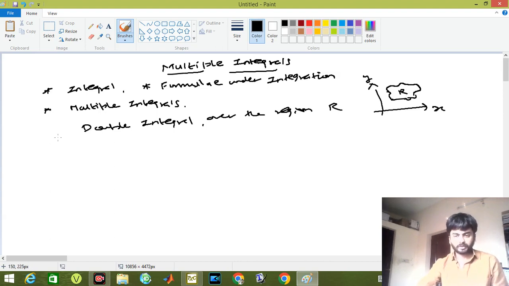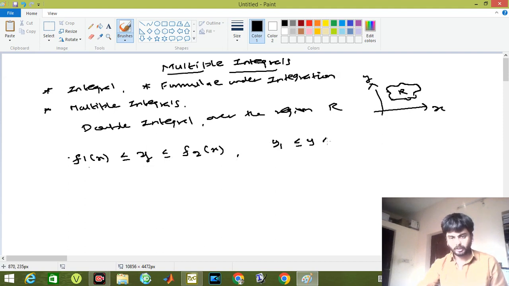Suppose the region is described as f1 of x less than or equal to y less than or equal to f2 of x. So y equal to f of x lies between f1 of x and f2 of x, which can be written as y1 less than or equal to y less than or equal to y2.